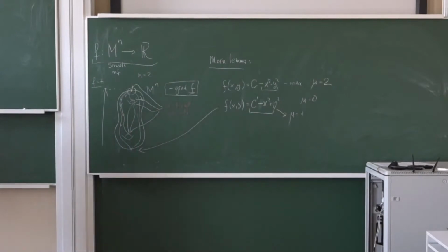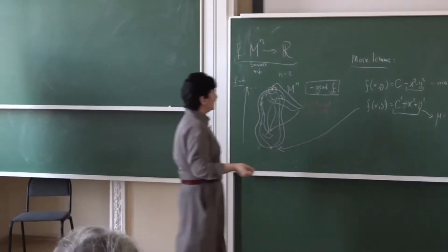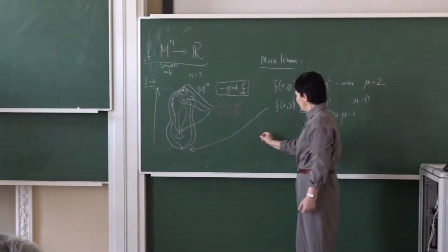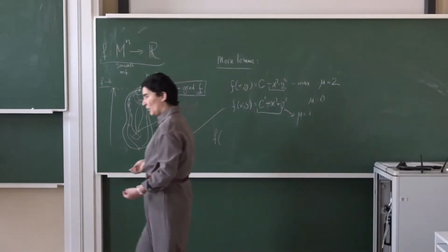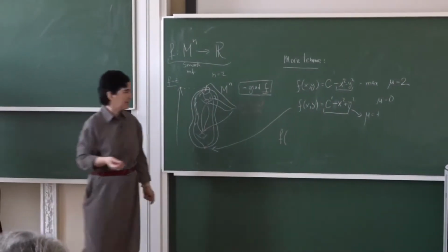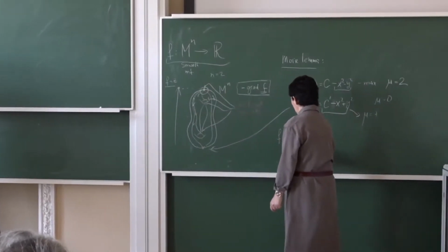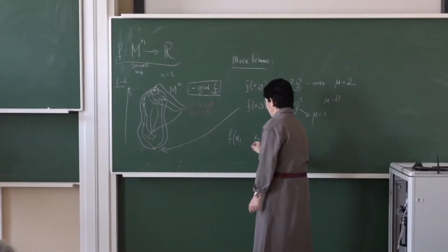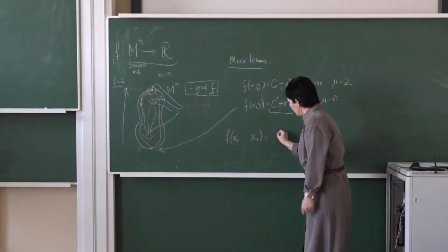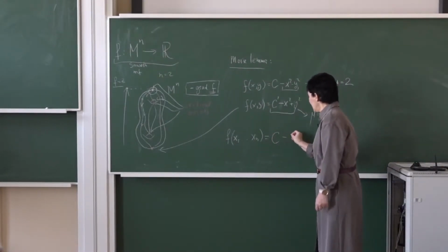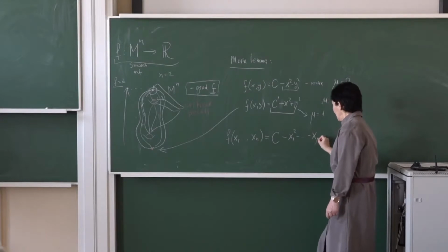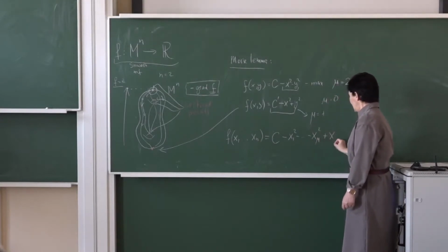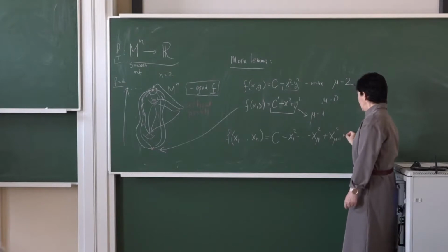In arbitrary dimension, nothing interesting is added. Generically, in a small neighborhood of a critical point, with an appropriate system of coordinates, the function f can be expressed in x1 to xn, with again some constant c, and then minus x1 squared minus and so on minus x mu squared plus x mu plus 1 squared plus and so on plus x n squared.